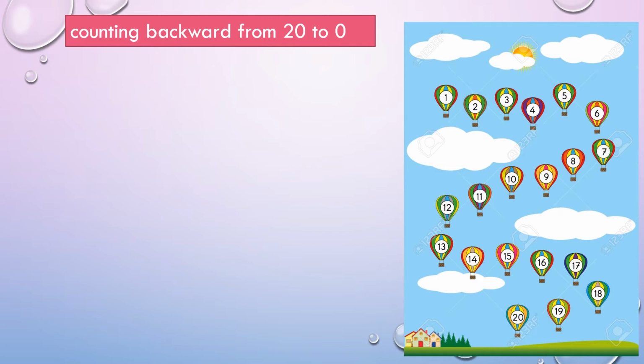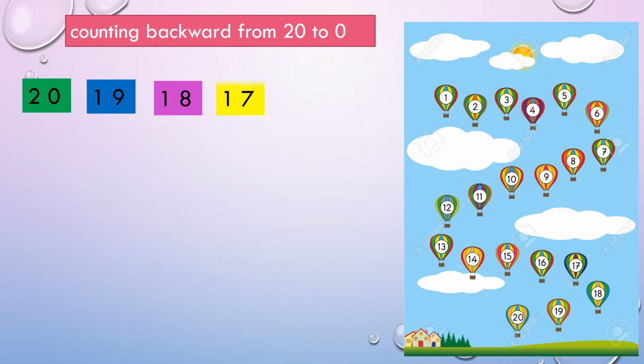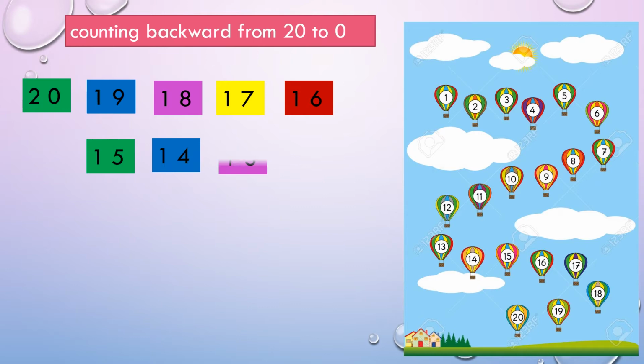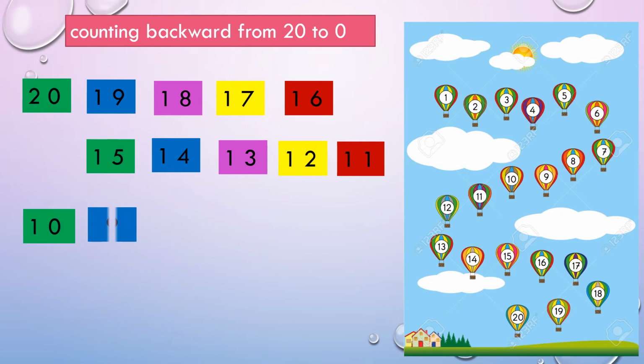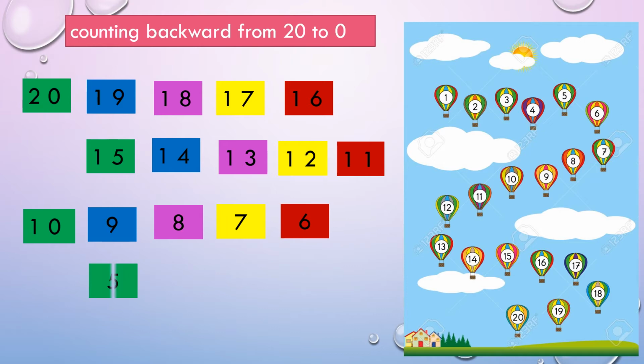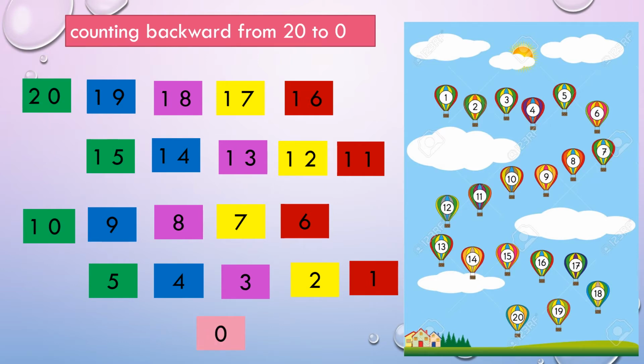So let's start counting backward from 20. 20, 19, 18, 17, 16, 15, 14, 13, 12, 11, 10, 9, 8, 7, 6, 5, 4, 3, 2, 1 and 0. So counting back from 20 is so much fun.